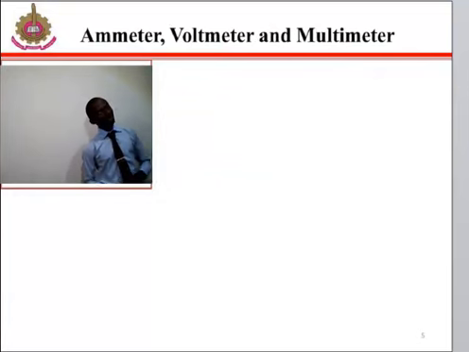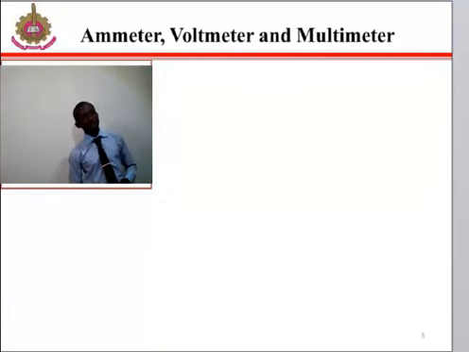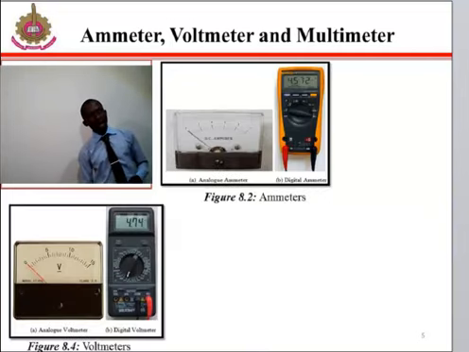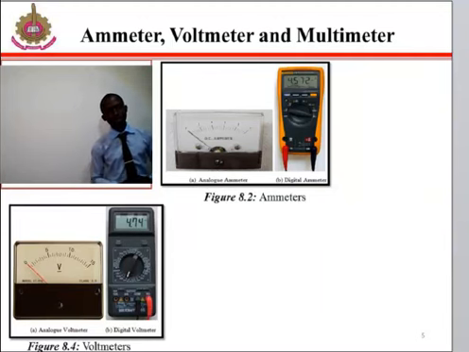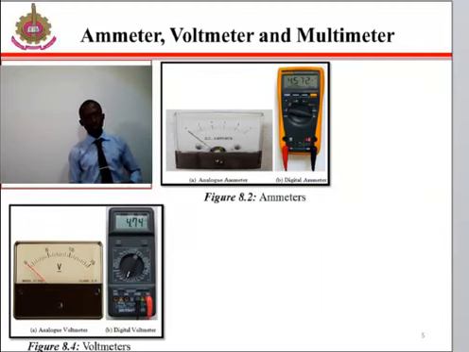Now, ammeter, voltmeter, and multimeter. The instruments that are of most use to the physicist and the electrical engineer are the ammeter and voltmeter. An ammeter is an electrical measuring device which is used to measure electric current flowing through the circuit.